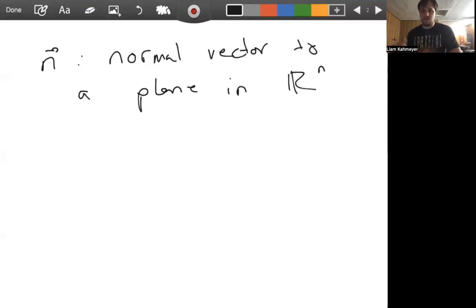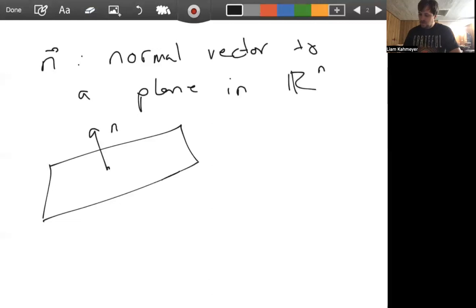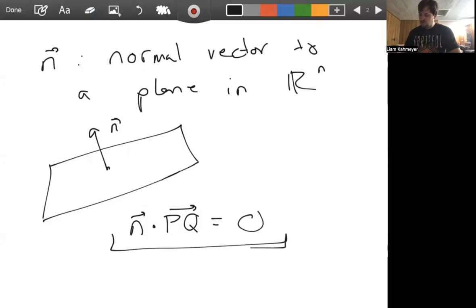Most of the explicit formulas or equations for these planes were in n equals 3, but for arbitrary n, we have some plane, and then we have a normal vector n. Well, this plane is described by n dot pq is 0. This is true for every vector pq describing this plane. And so here's an example of when a vector is orthogonal to a subspace.